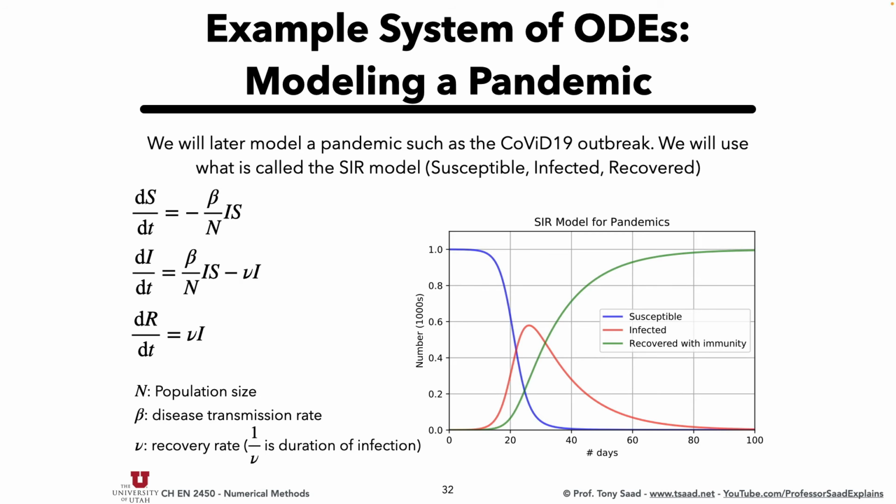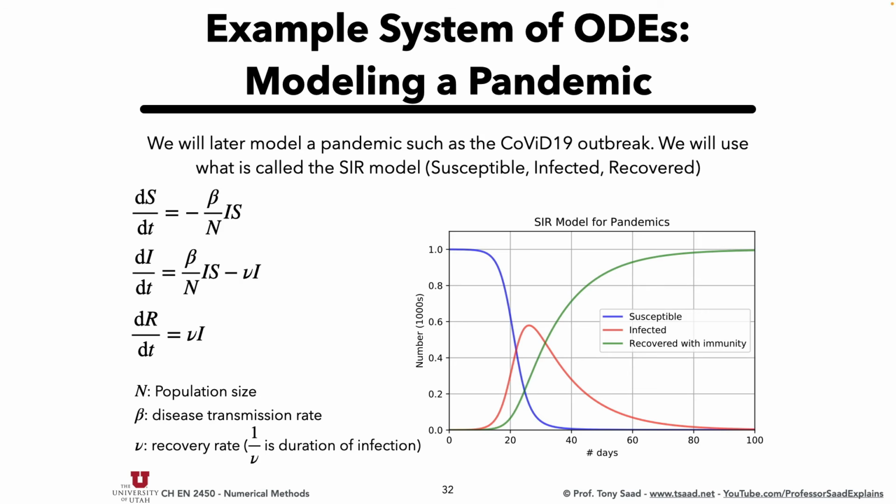An example system of ODEs. I talked about systems of ODEs, and here's an example that we're going to do together: a system to model a pandemic such as COVID-19. I put those slides together when we were hit with COVID-19. There's a model out there, and together we developed a more complicated one.